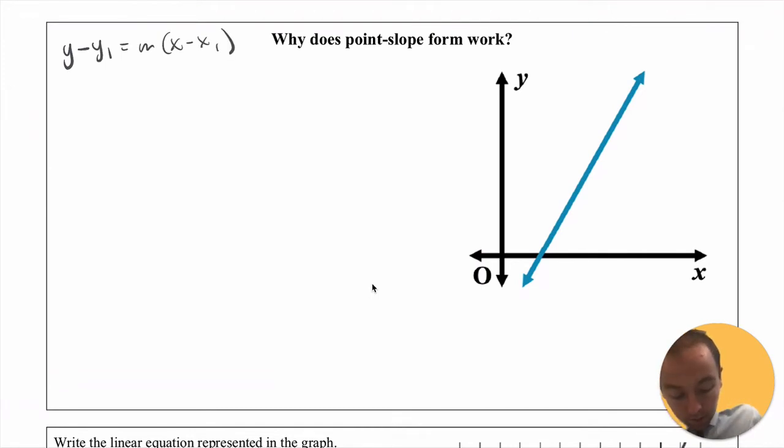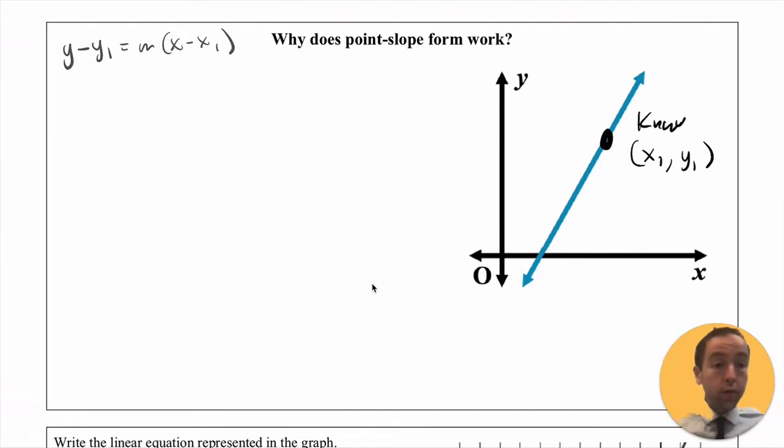So suppose that we do know the coordinates of a particular point on a line. Let's say that we actually know what the x and the y are of that point. I'm going to call it x sub 1, y sub 1, whatever those numbers might be.